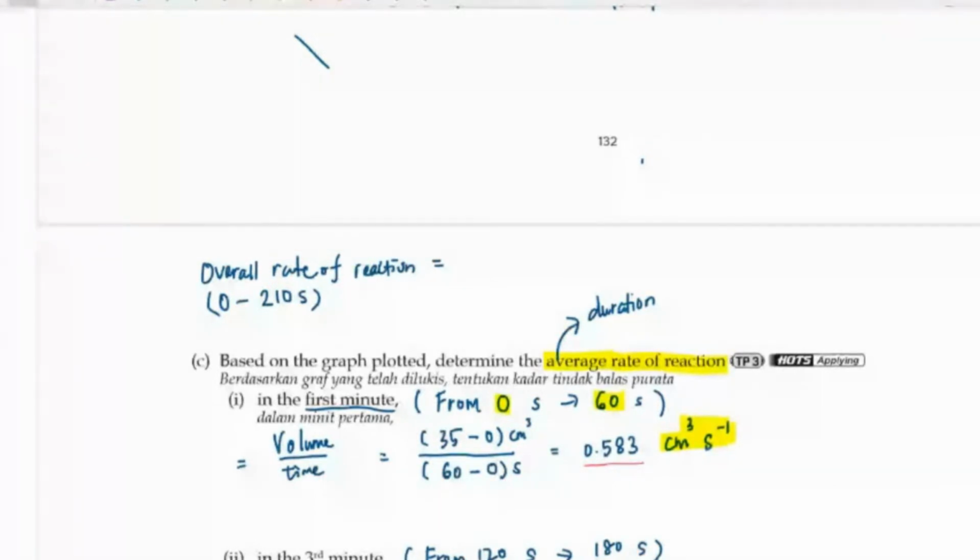How about the others? All get this answer, class? Mm, 0.229 seems like it's correct.